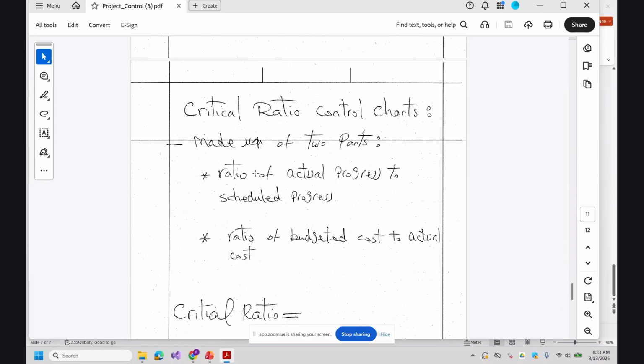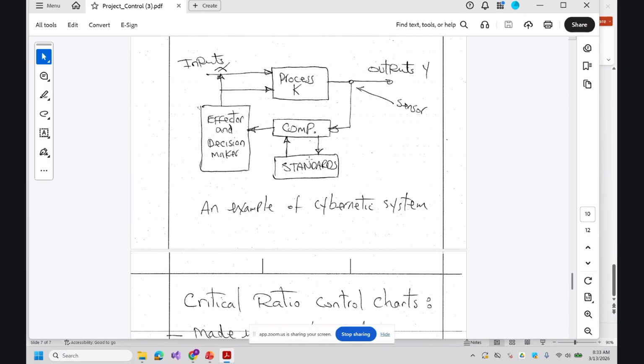Now that we know how you go about controlling and managing your project, there is another technique called the critical ratio control chart. This is something that I expect you to practice in your meetings, and it should be reflected in your project report. I will ask about it in the questions as well, because you can use this scientific methodology for project control.